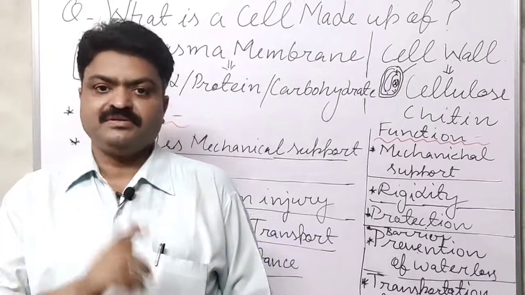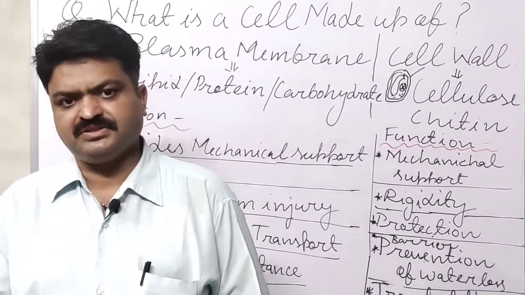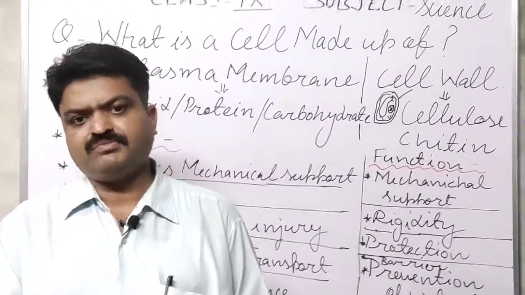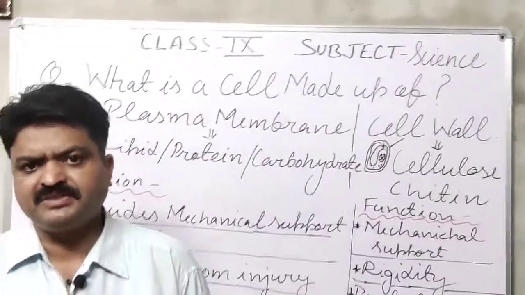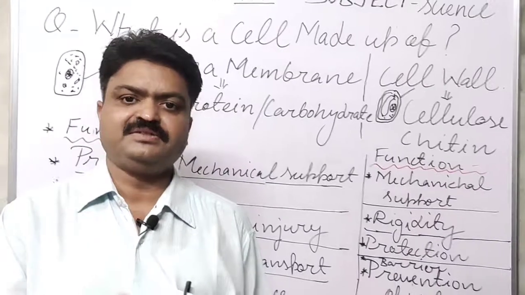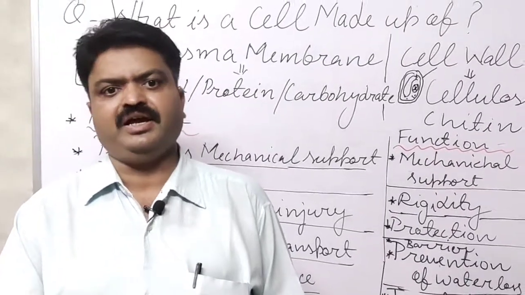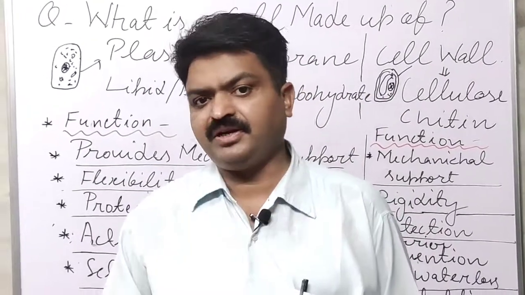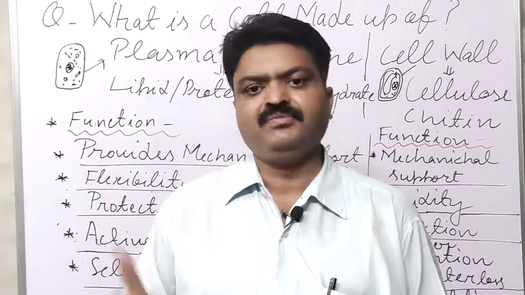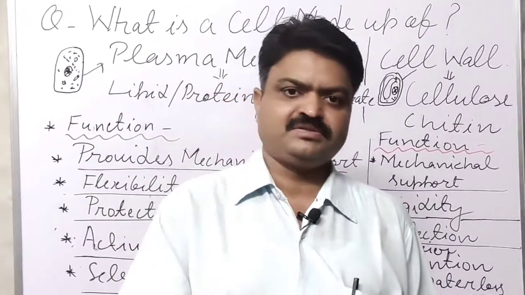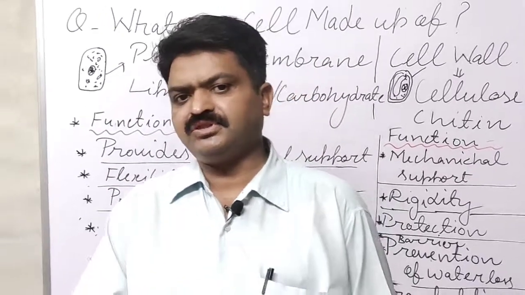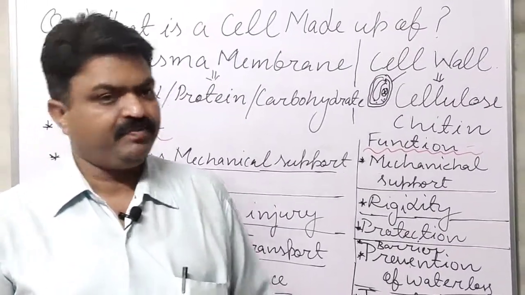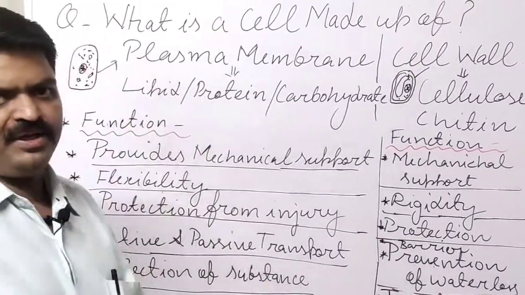Means it selects the entry or the exit of the substances. When the substance enters with the help of water inside the cell, then that process is known as endoosmosis student. When it is removed, means the substances or the waste material are removed from the cell with the help of this membrane, then that particular osmosis is known as exoosmosis. So endoosmosis and exoosmosis are maintained with the help of plasma membrane, student.